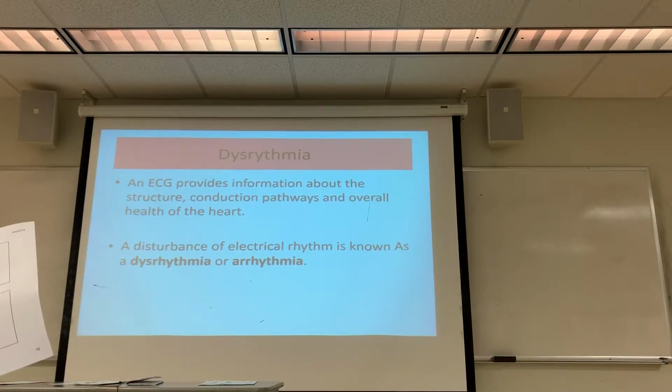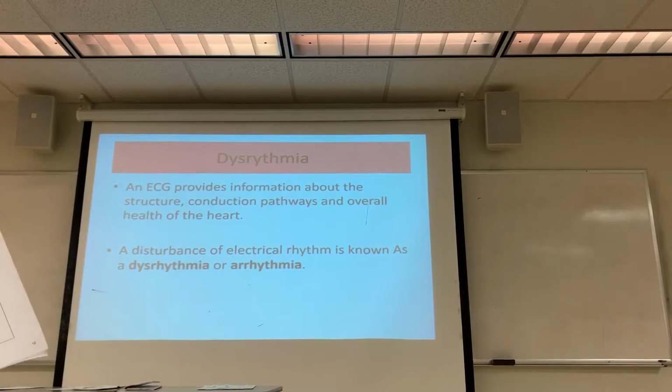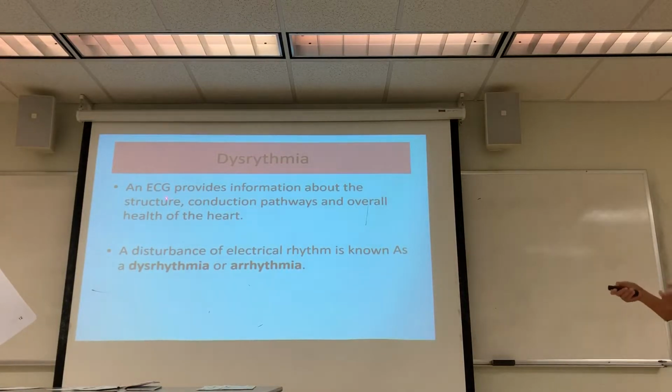But the sounds that you hear, like sound 1 and sound 2, are fine as long as they are rhythmic. If it is not rhythmic, it is like electric charges, like a short circuit, which means there's something wrong with the heart. So this arrhythmia provides information on the structure, conduction, and overall health of the heart.